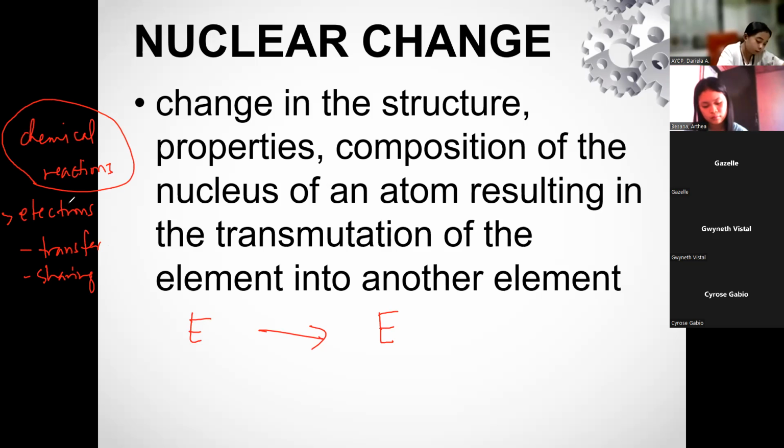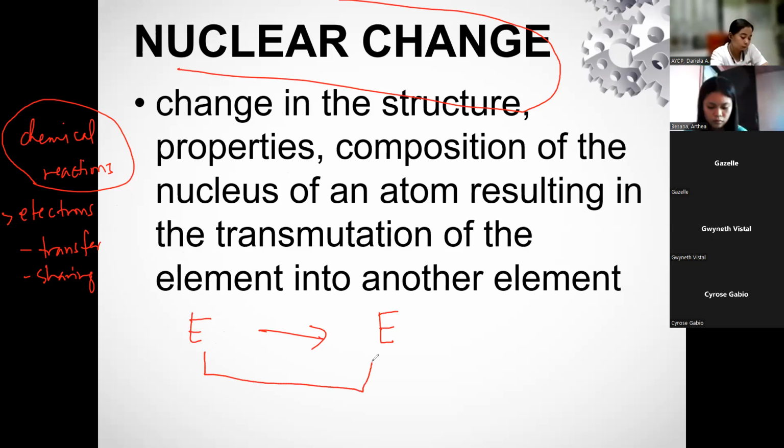Electrons lang yung nag-change, number of electrons. Now, kapag ang nucleus talaga ang nag-change ang properties, ang composition, or ang structure, that's the time we have the nuclear change. And kapag nagkaroon ng nuclear change, ang isang element ay matra-transform into another element.